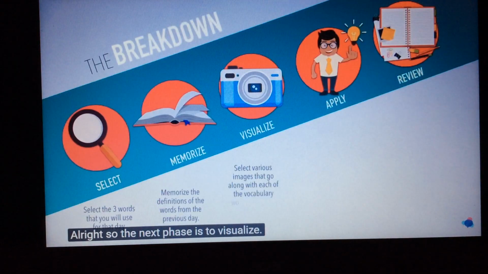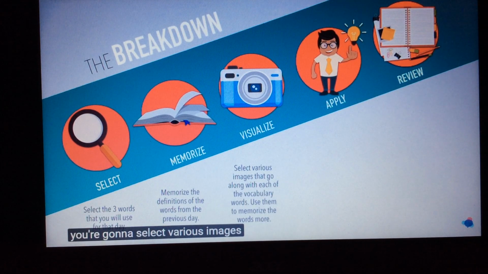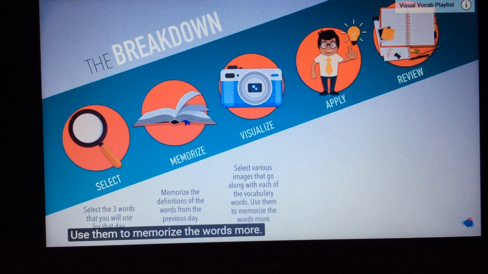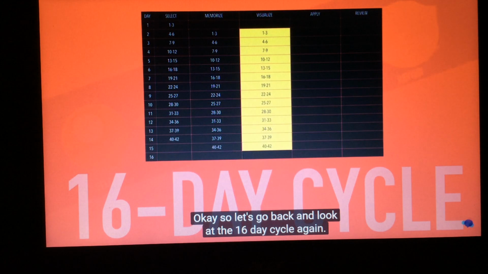All right, so the next phase is to visualize. Now, for the visualizing step, you're going to select various images that go along with each of the vocabulary words. Use them to memorize the words more. Okay, so let's go back and look at the 16-day cycle again. So now we're on the next column, the visualize column, okay? All right, so again, on day 1, we selected 3 words.